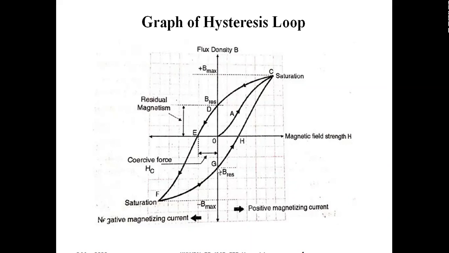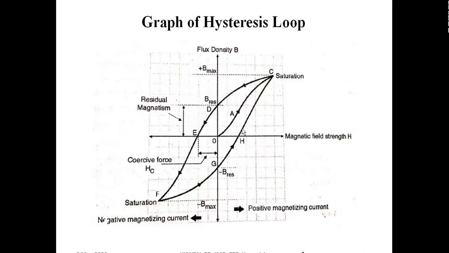If we further go on increasing the current now in the forward direction again, then we will see that the magnetic flux density has increased, then it will attain 0 value at the point H, which will be again the coercive force in positive direction needed to reduce the negative value of magnetic flux density to 0.